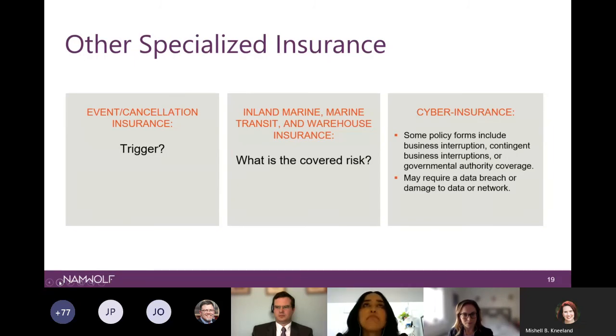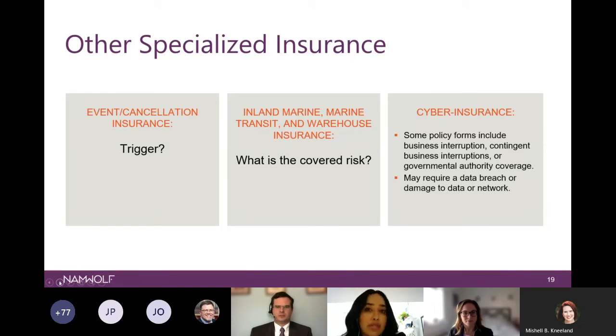These policies are meant to insure the event-related activity, the venue, or the expenses against any cancellation due to circumstances that are beyond the policyholder's control. Some policies limit coverage to certain specified risks, and those risks are specified in the policy.